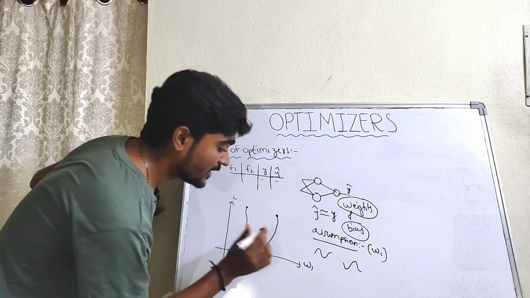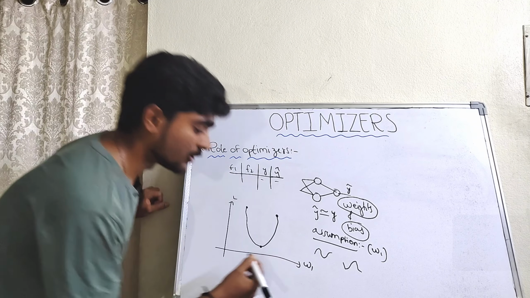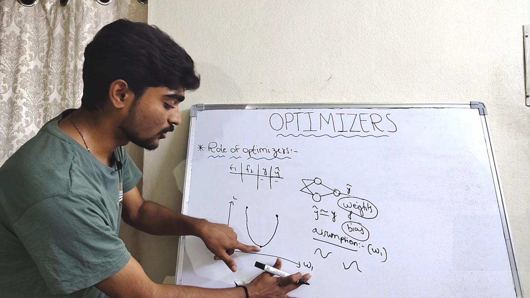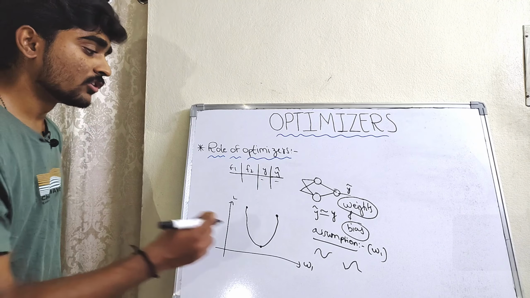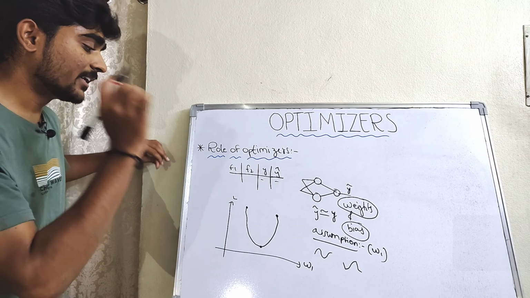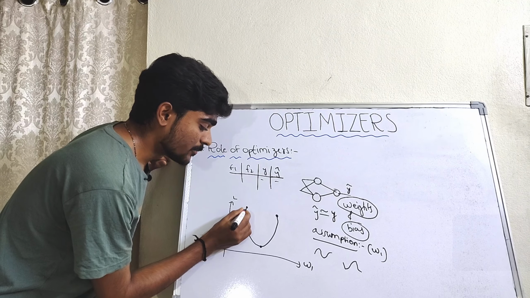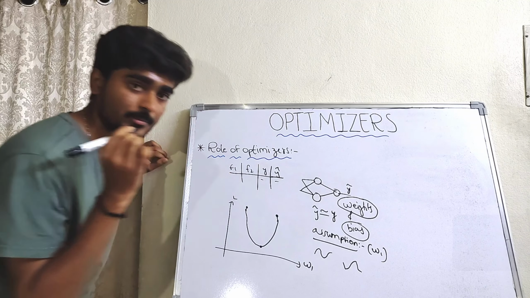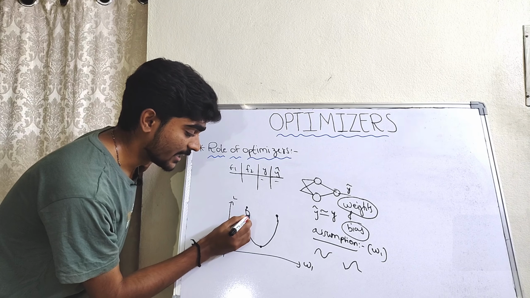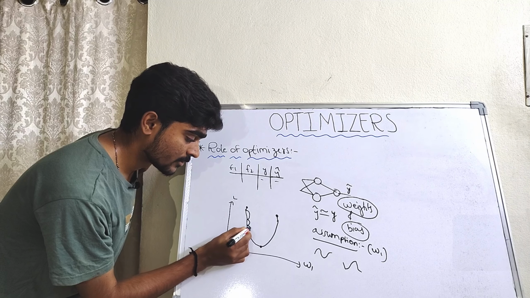Now I need the weight that corresponds to this global minimum point. So here comes our gradient descent algorithm. What gradient descent does is, it may start from here or it may start from here. At the initial stages, it takes longer steps.